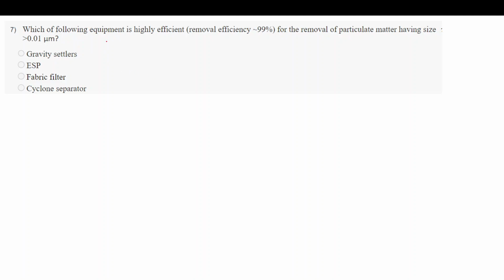Gravity settlers can separate very big particles, maybe above 100 micron or so. Electrostatic precipitator and cyclone separator have moderate efficiencies, like 1 to 5 micron or so on. While fabric filter is one of the most efficient, which can go to 0.01 to 1 micron as well. So the correct answer for this question is fabric filters.